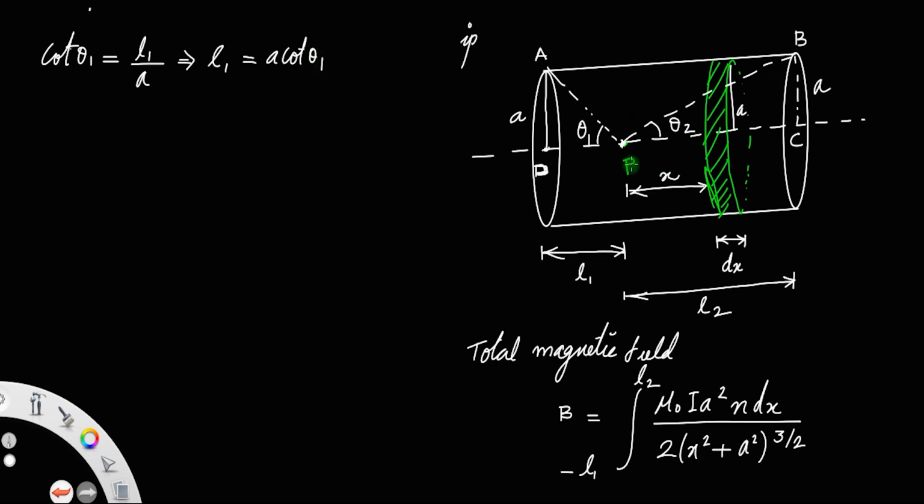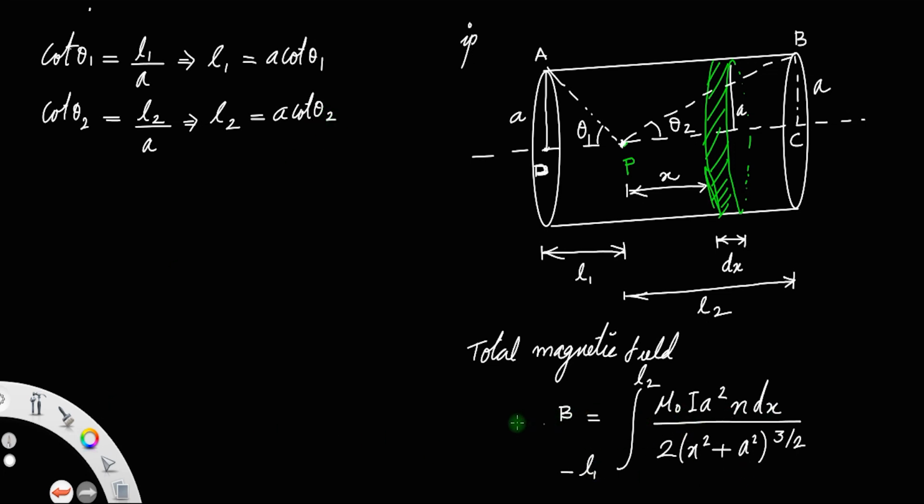Similarly, if you take this triangle PBC, we have cot theta 2 equal to adjacent, that is L2, divided by opposite side A. Therefore, L2 is equal to A cot theta 2.